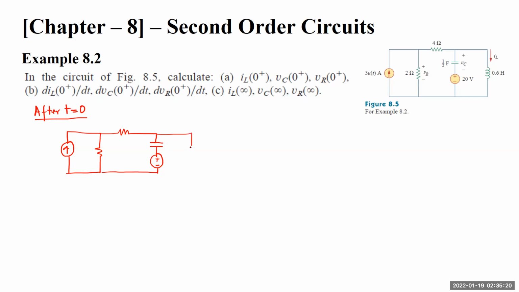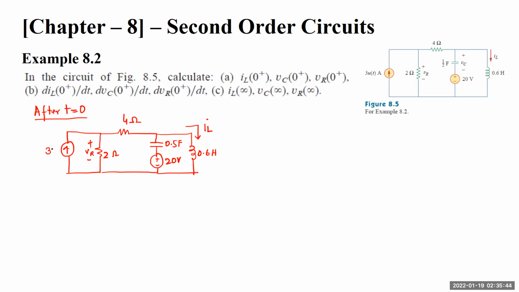This is 2 ohms. This is 4 ohms. This is 0.5 farad. This is 0.6 henries. Current I is going here. This is IL. This is 20 volts. This is plus minus VR.